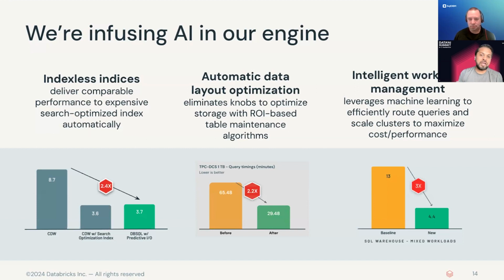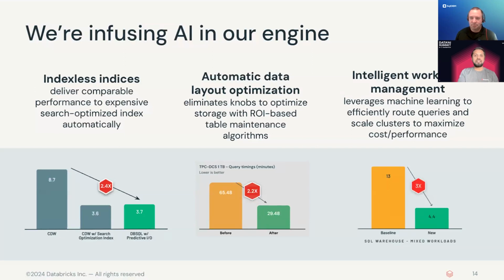And it will manage your workloads intelligently. So let's say you are running 10 different queries on, let's say, 3 different nodes, it will manage all those workloads intelligently, which will help you improve the performance by 3x, right? So these are all the capabilities of AI.